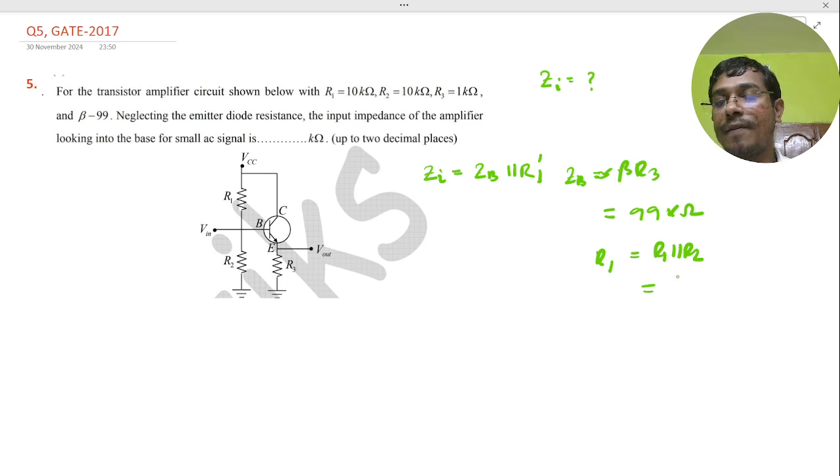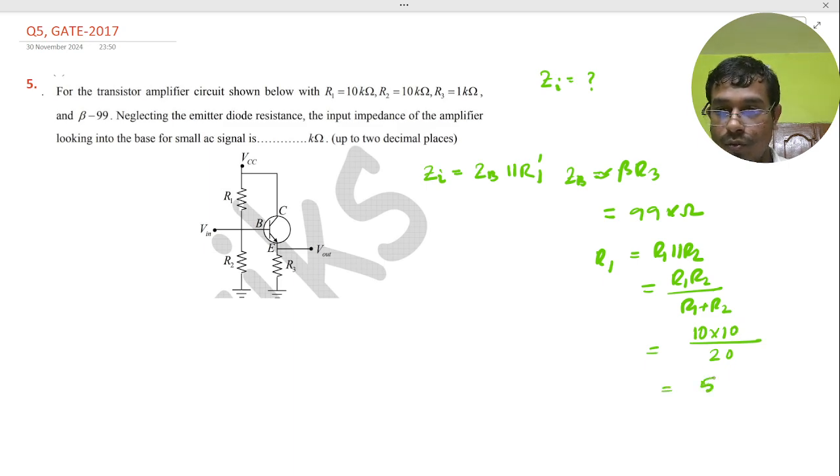R1 parallel R2 becomes R1 R2 by R1 plus R2, basically 10 into 10 by 10 plus 10, 20, so 5 kilo ohm.